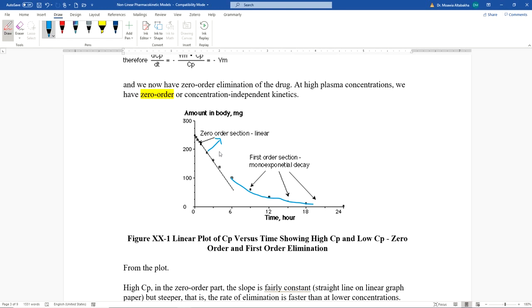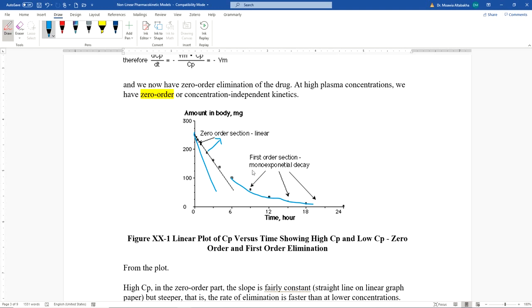Usually we know that if the slope is high, for example like this, the higher the slope, the higher the rate of elimination.